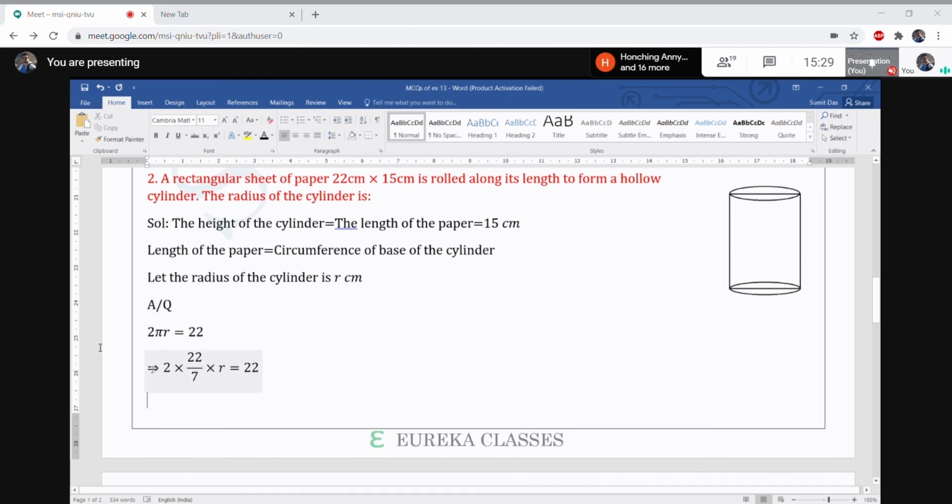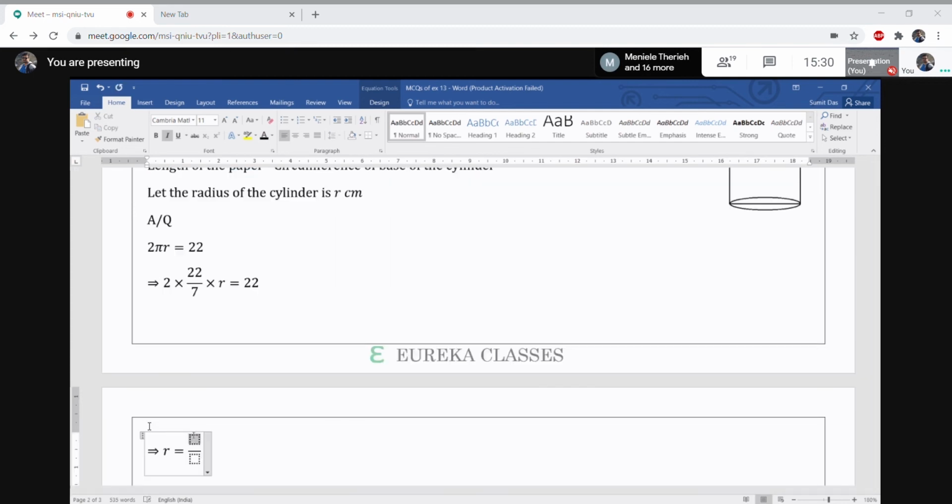So if you simplify this, r will be 22 multiplied by 7, and the denominator will be 2 multiplied by 22.